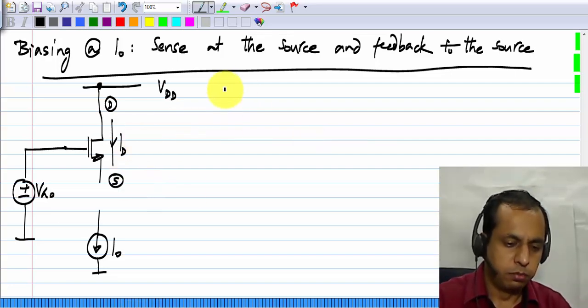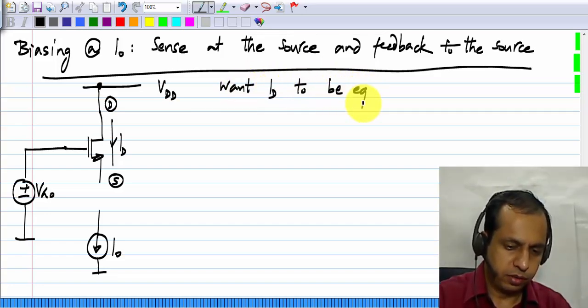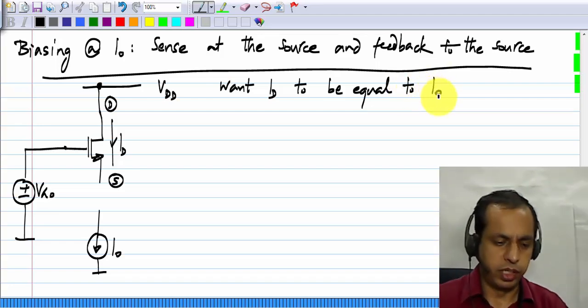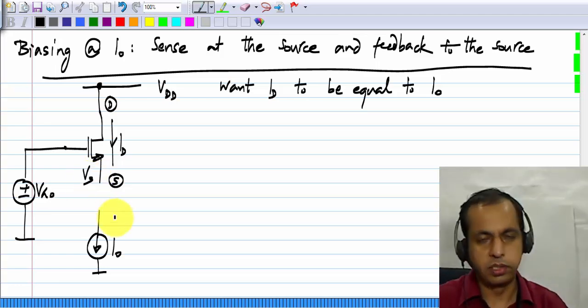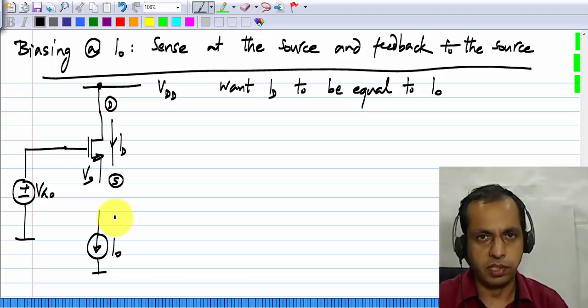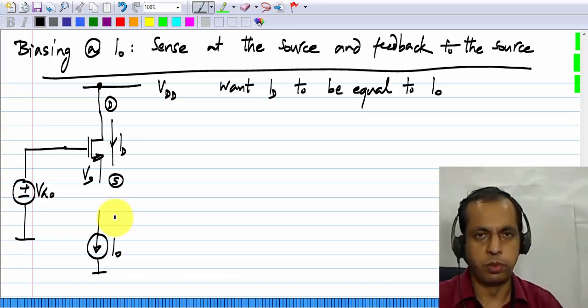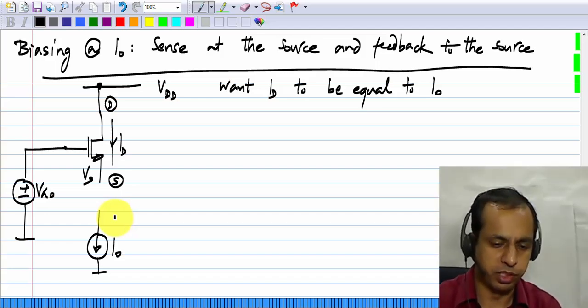That is, we want ID to be equal to I0. Let me call this voltage the source voltage Vs. Please don't get confused between this and the signal source voltage. In this case we don't have a signal source, so there should be no confusion, but when you have both, don't get confused by that.